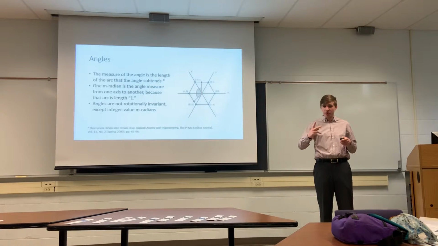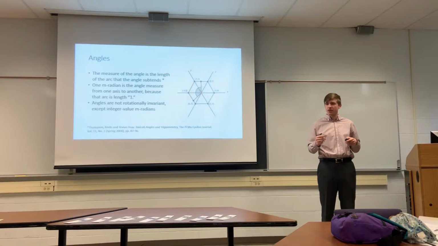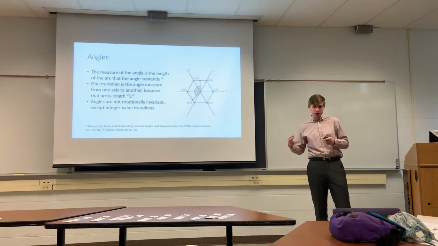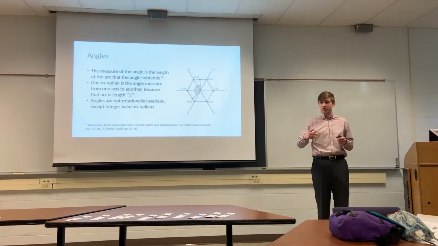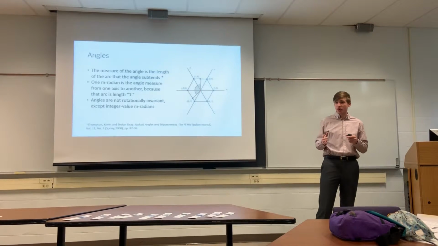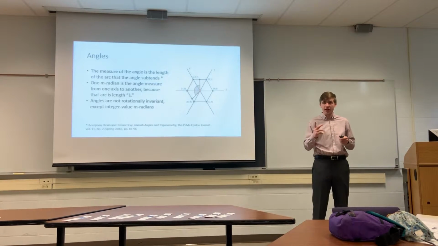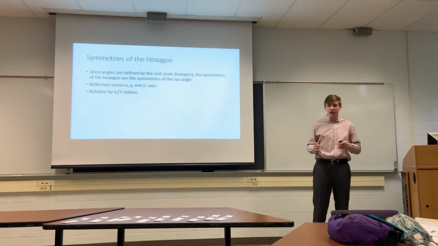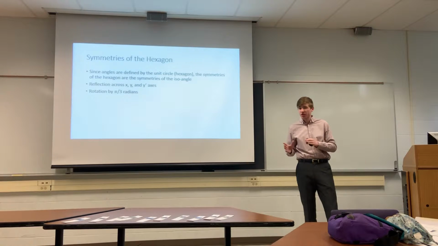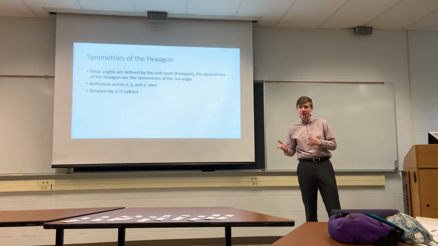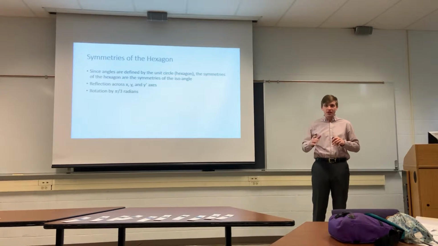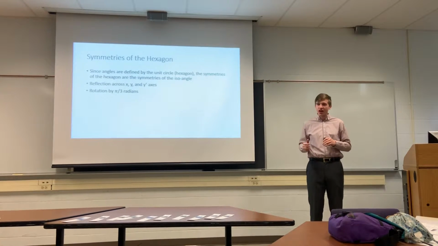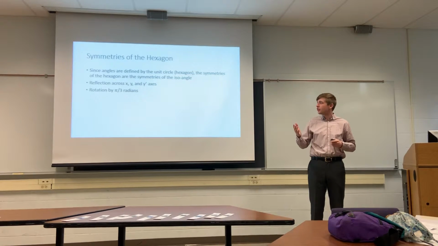M radians, as we rotate them, are not going to stay the same, except if they're integer values. So if it's 1, 2, 3, as we rotate those angles, they'll stay the same value, but if it's something like 0.4 or 4.5, whatever, as we rotate them, the angle values will actually change. But there is a way to keep angle values the same. Since we use the hexagon, or the unit circle, to measure angles, the symmetries of the hexagon will be the symmetries of the angles.